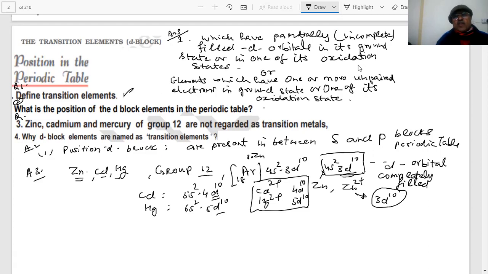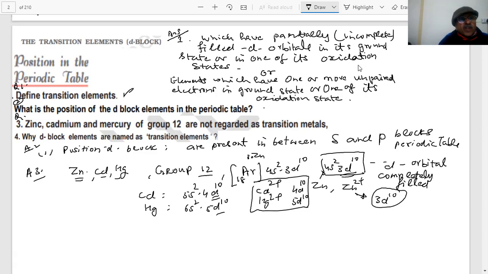As you see, the s block elements have got definite properties, and when you move to p, there is a transition of property from s to the p block elements. Transition means they are present between s and p block elements. Because of their position between s and p block elements, the very name transition is given to them.